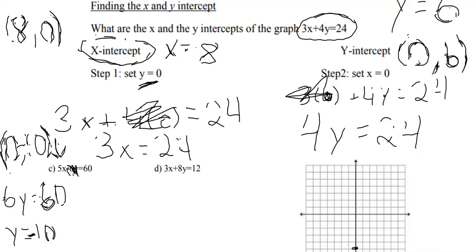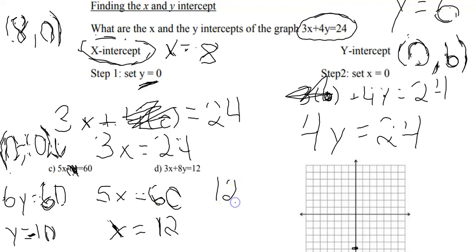So if I try it for when y is equal to 0, now I'll have 5x equals 60. If I divide both of these by 5, I'm going to get x equals 12. So this is going to be a point at (12, 0).